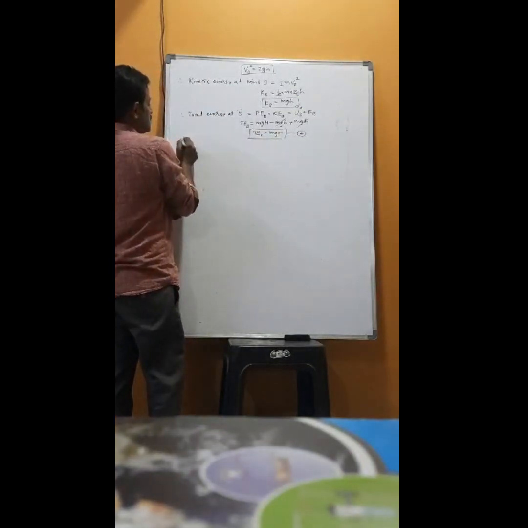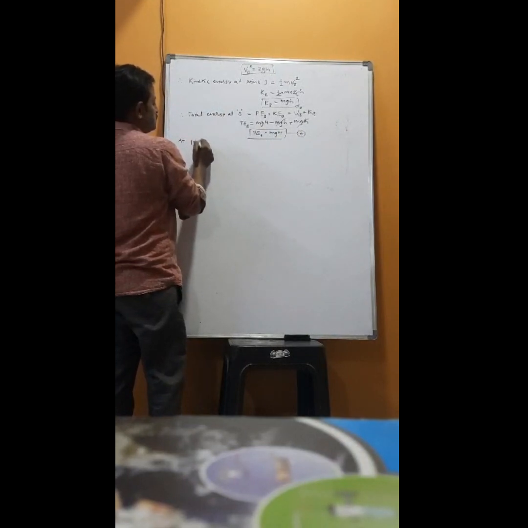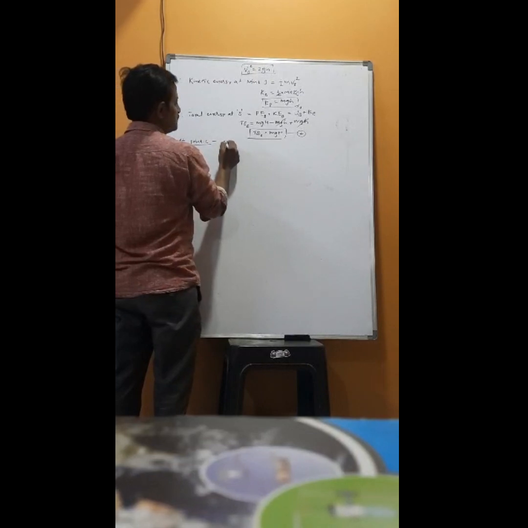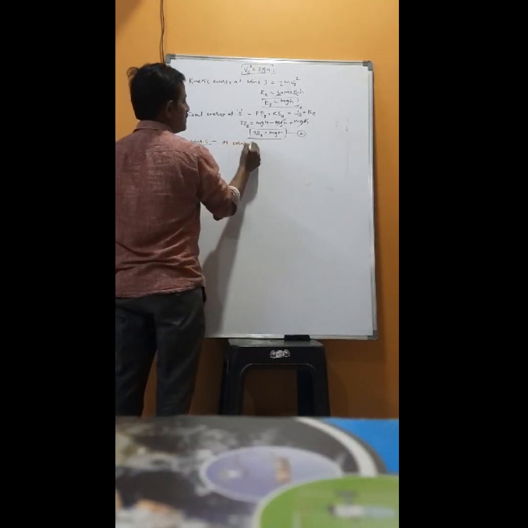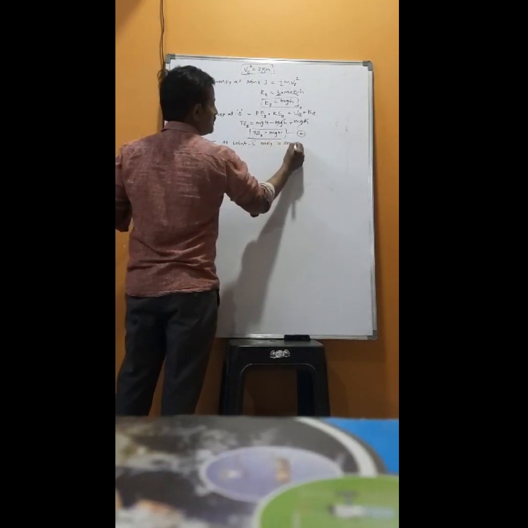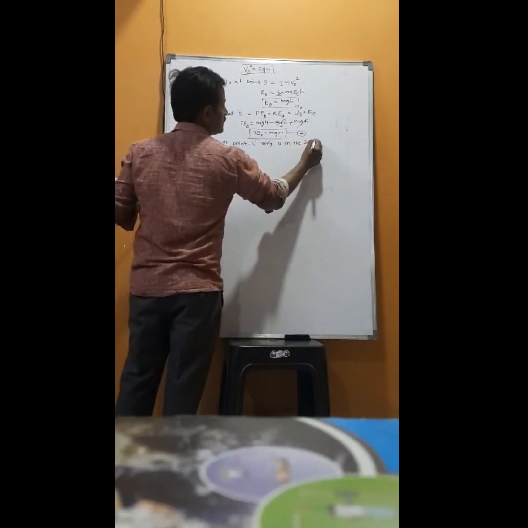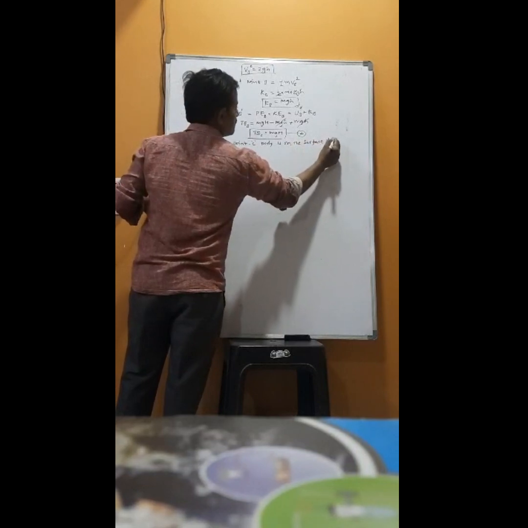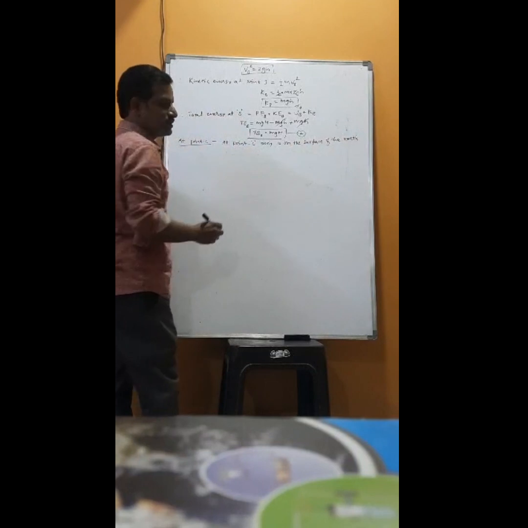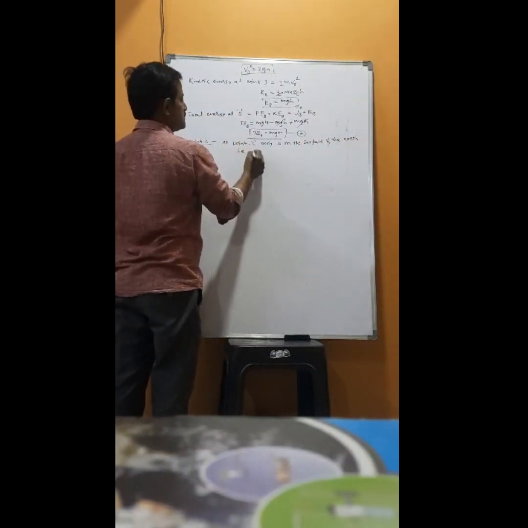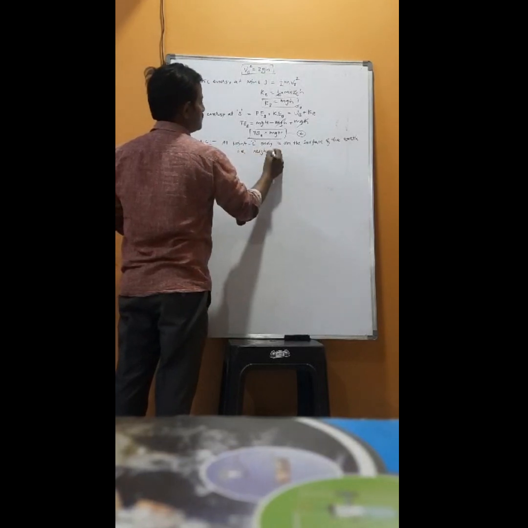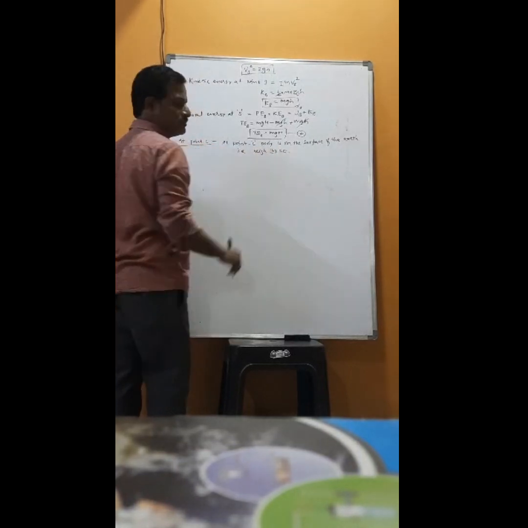Now at point C, the body is on the surface of the earth. That is, the height is equal to 0, we are considering.